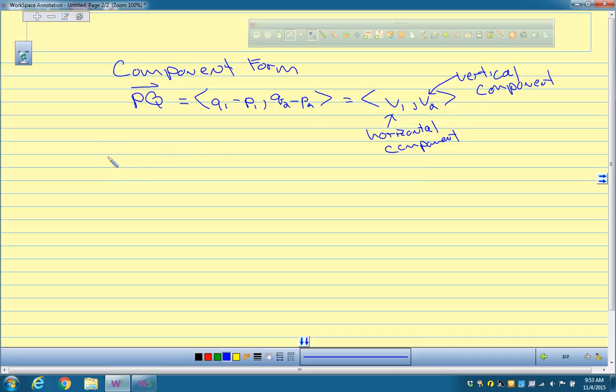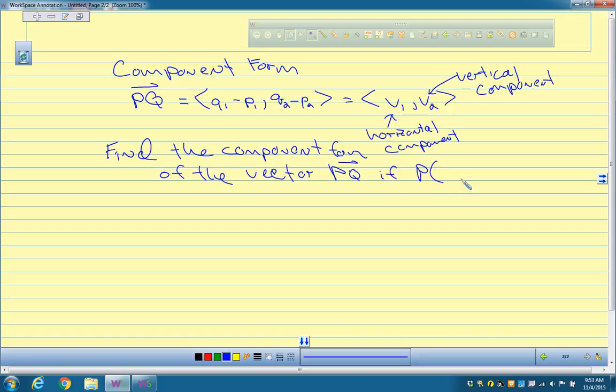So find the component form of the vector PQ. I'm just going to make something up.